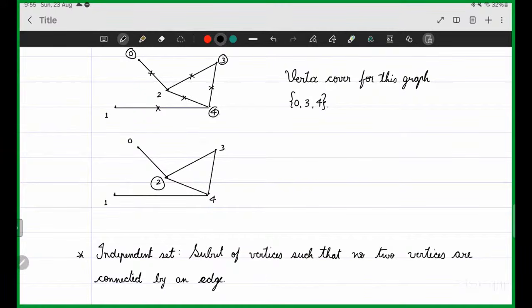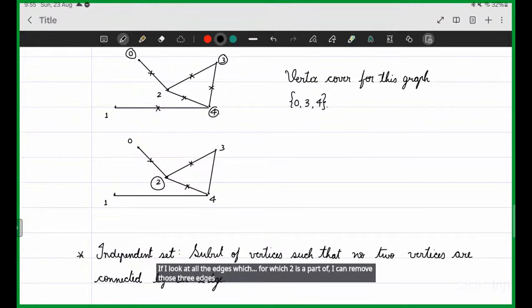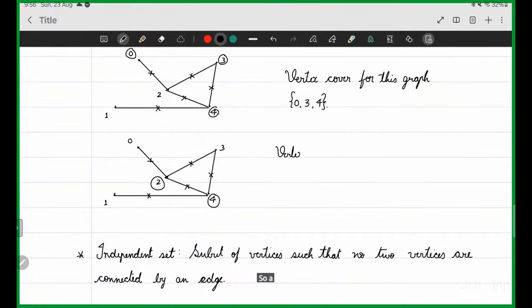Let me take 2. Here I've taken care of these edges. If I look at all the edges of which 2 is a part, I can remove those 3 edges. What are the edges that remain? 1, 4 and 4, 3. So if I take 4, a vertex cover is 2 and 4 for this graph. This is also a vertex cover. It's the same graph.